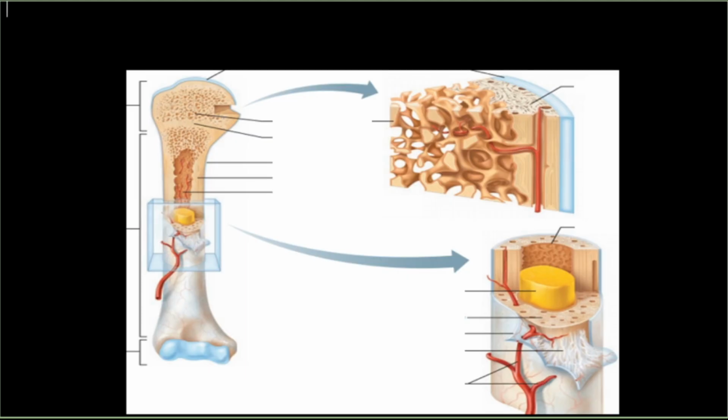Now we have also to tackle the gross structure of the bone. As you can see here, this is the external and the internal features of a long bone. The typical long bone is composed of the diaphysis, or the central shaft, and the epiphysis. So where can we locate these parts? Okay, in this upper portion, this is what we call your epiphysis.